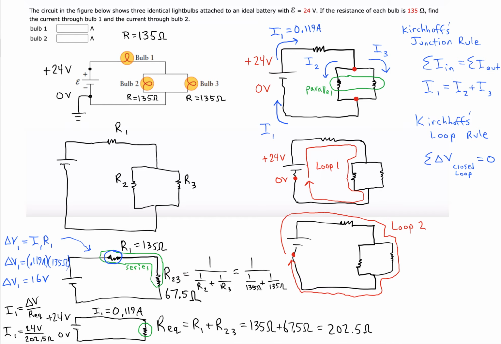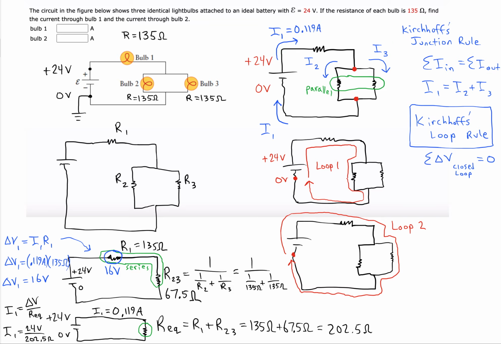All right. Now, we can actually use Kirchhoff's loop rule to determine what the drop must be in the other resistor then. Okay, if we lose 16 volts in that first resistor, and we know that we've got 24 volts total that need to be lost in the whole loop, then how much gets lost in that second resistor?